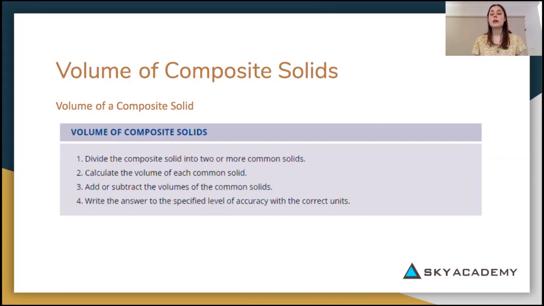You'll have to do the separate volume for a cylinder, then the separate volume for the rectangle, and then add them together. Then you need to write the answer to the level of accuracy specified. Because we're in volume, it needs to be to the unit cubed, so it could be meters cubed or centimeters cubed, for example. So let's have a go at doing an example.